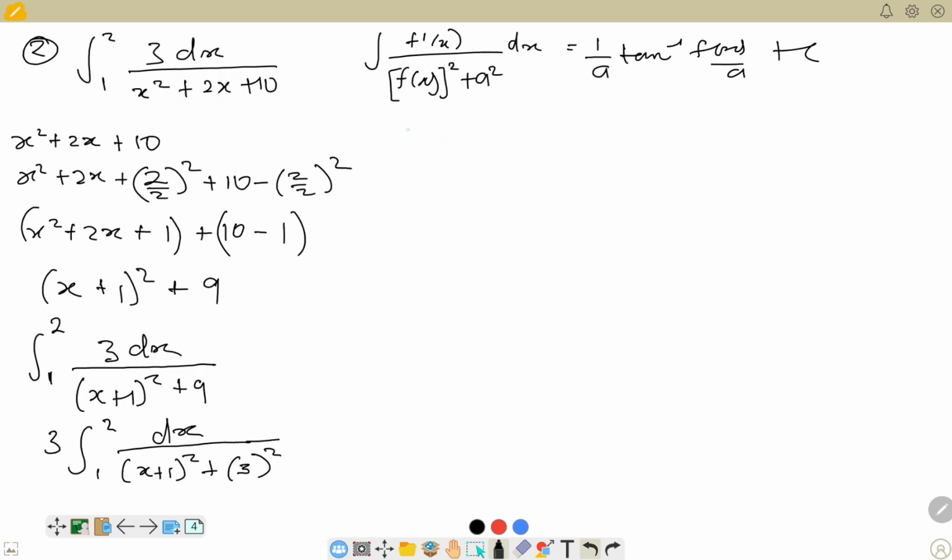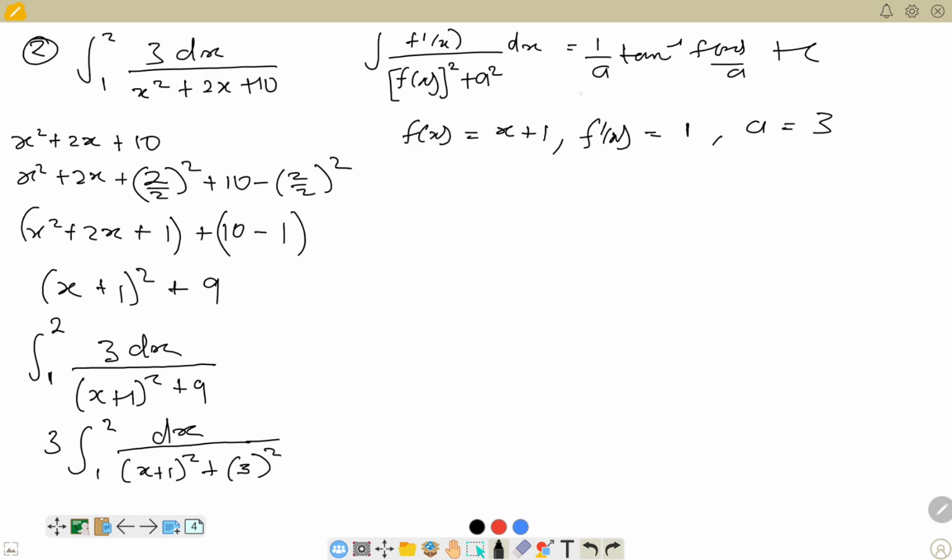So in this case, we can see that f of x is actually x plus 1. Let me start by differentiating f of x. F prime of x is 1. Then a is actually going to be 3.